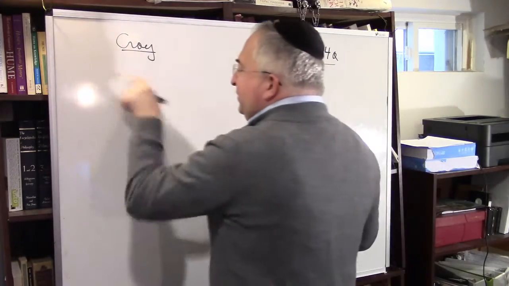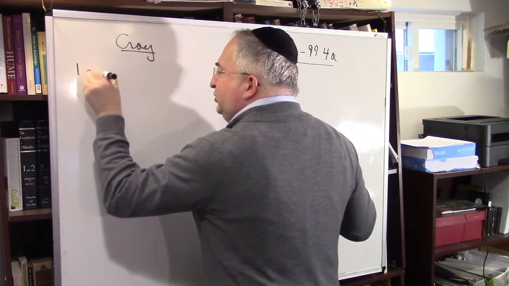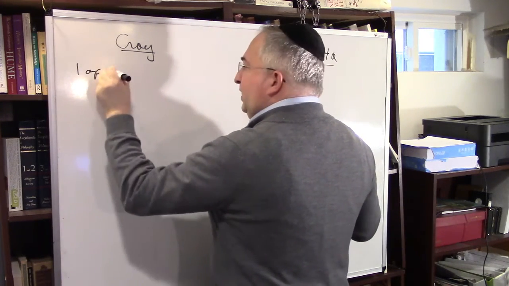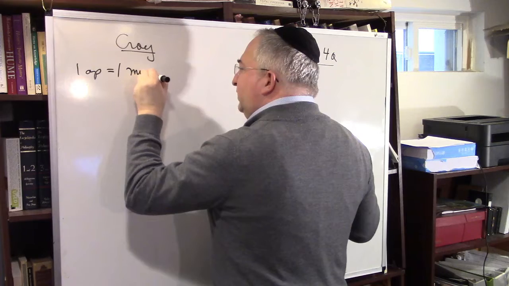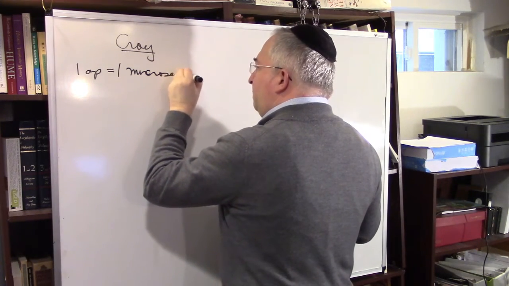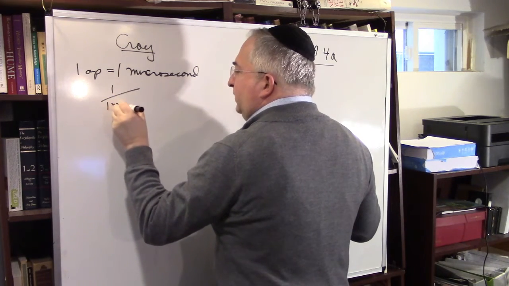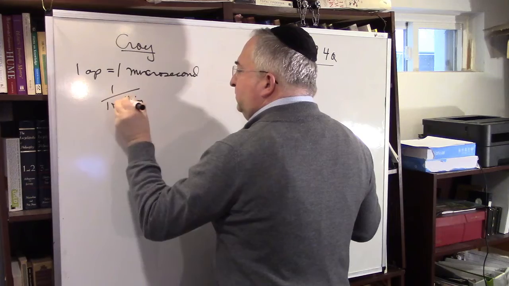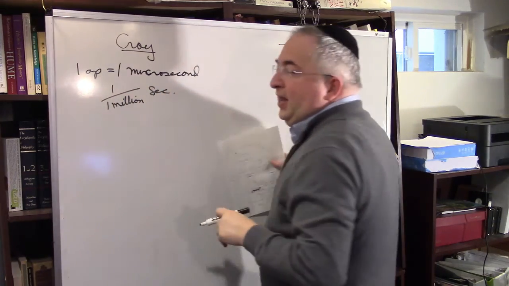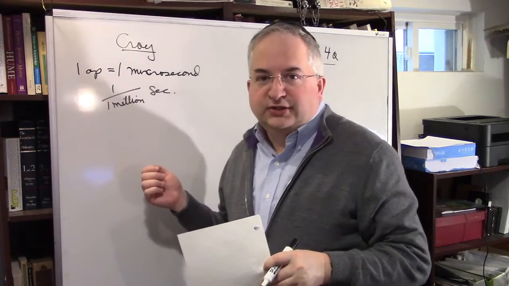Now this computer, and again I'm making up the numbers, did one operation in 1 microsecond, which is 1 over a million seconds. In other words, it could do 1 million operations in a second.